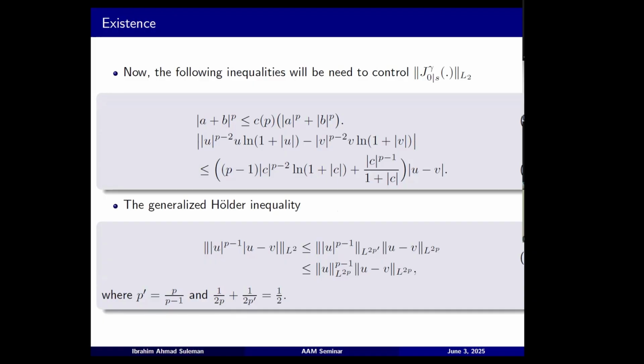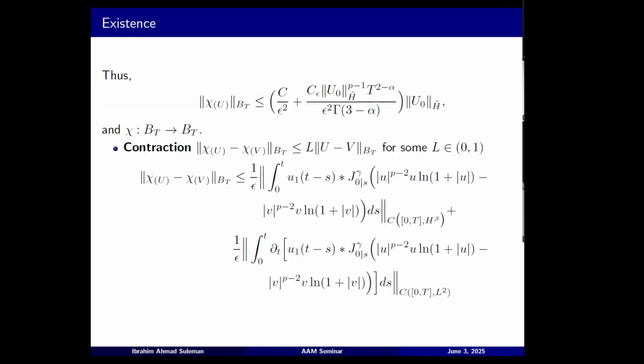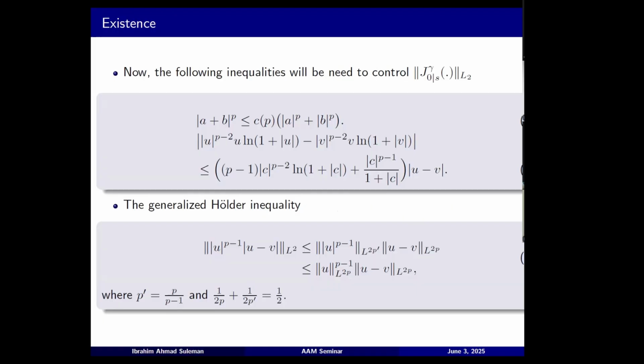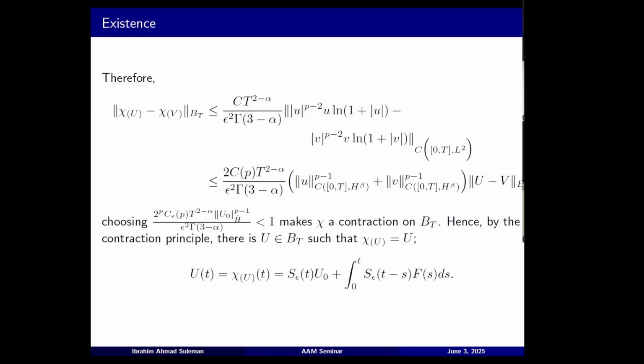The second one is a mean value type inequality, which we'll use since we have a difference of solutions as the input of our integral term. The next one needed for the contraction is the generalized Hölder's inequality. So these are all applied, and eventually we reach an inequality of this form after all these treatments of the nonlinear term.